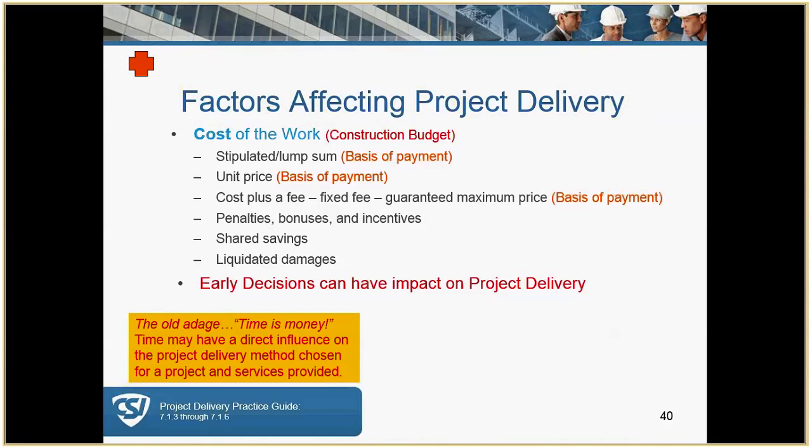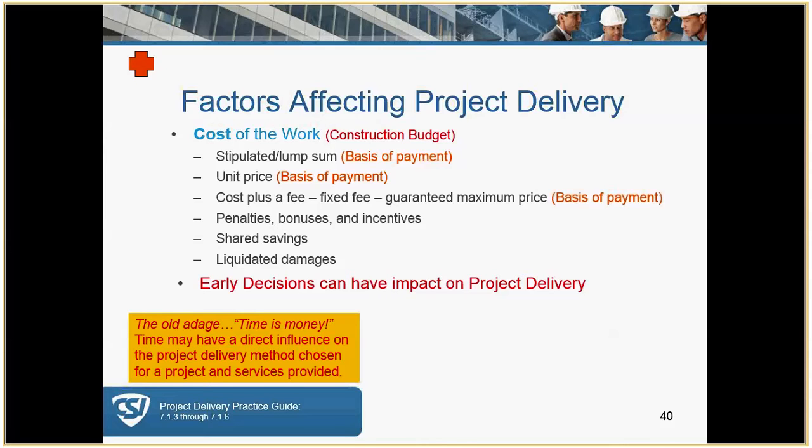So the cost of work, specifically the budget, these are different types of cost of work, and these you need to be familiar with. This is something that I would say is kind of good flashcard material.